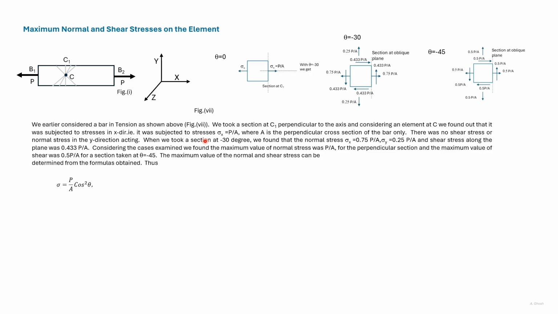So the normal stress sigma was given by this expression. Using d sigma divided by d theta equal to 0, we get the planes at which maximum and minimum normal stress occur.